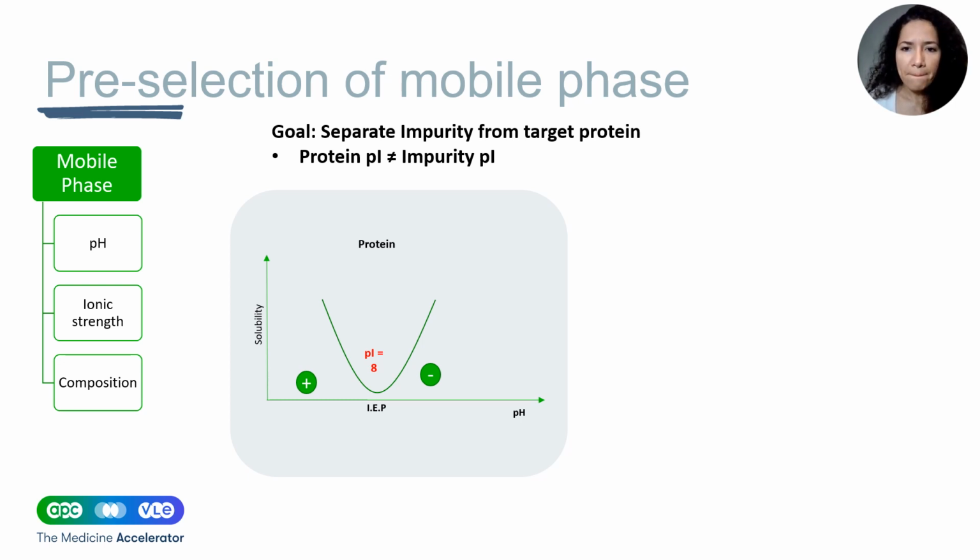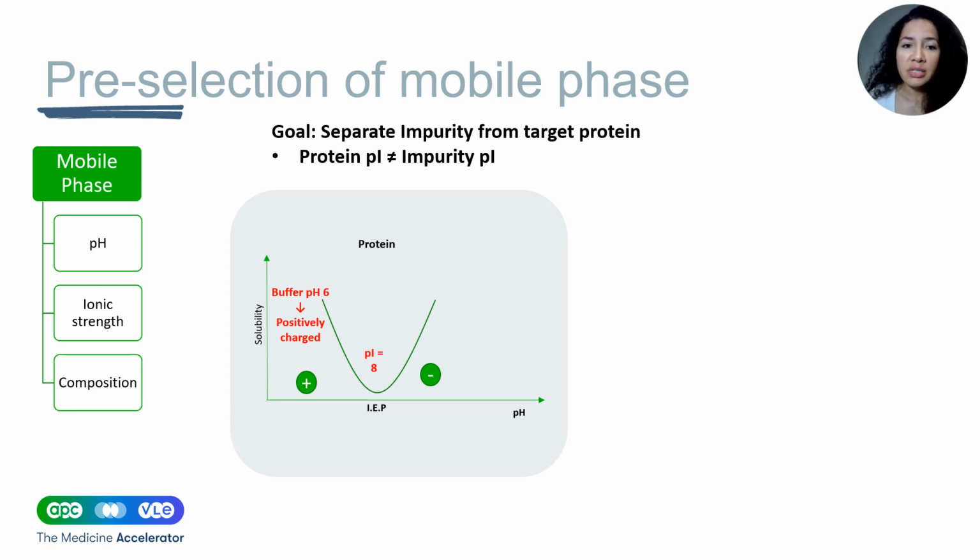So let's say that the target protein has a pI of 8 and the impurity has a pI of 5. In a buffer with a pH lower than 8, for example pH 6, the protein will be positively charged.